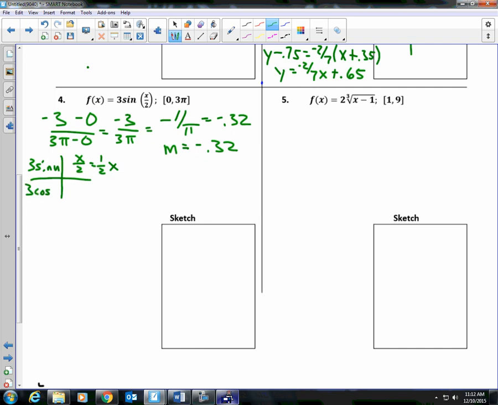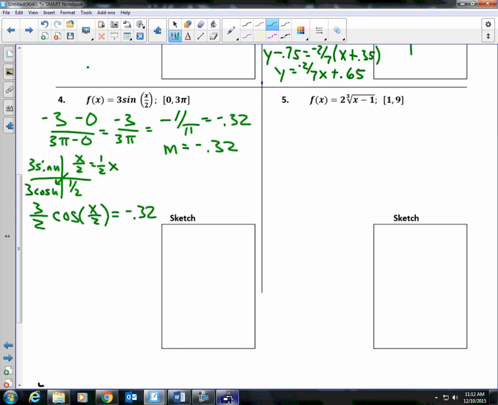Yeah, positive 3 cosine. And the derivative of 1/2 x? 1/2. So I didn't write it as 1/2 x the first time, and people in calculus were a little bit confused of how we came up with 1/2, but that's why. So our answer is 3 over 2 times the cosine of x over 2. And we're going to set that equal to negative 0.32.